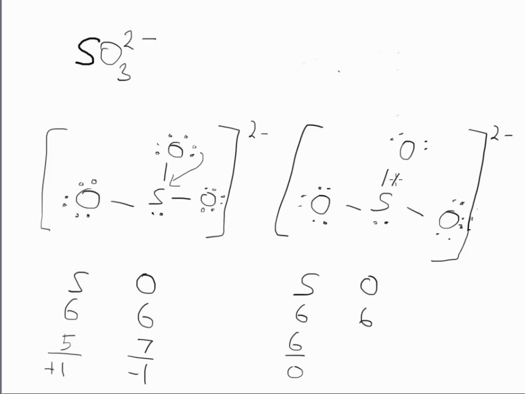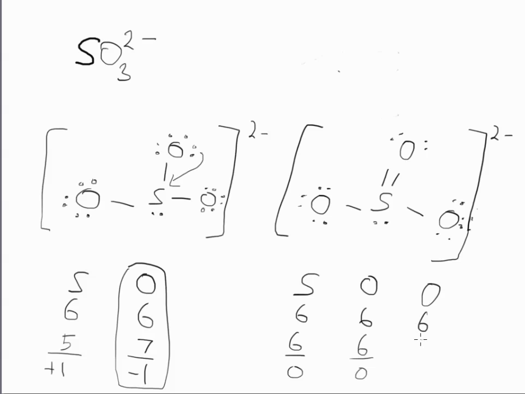We've got 2, 4 bonding electrons, so we divide those by 2 to give 2, 3, 4, 5, 6, so that's 6, so that oxygen has now got a formal charge of 0.